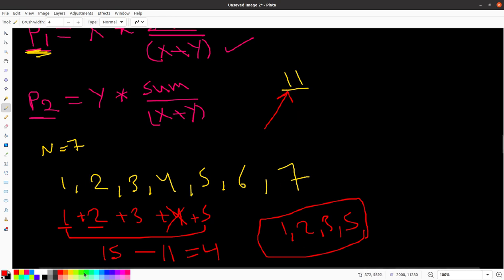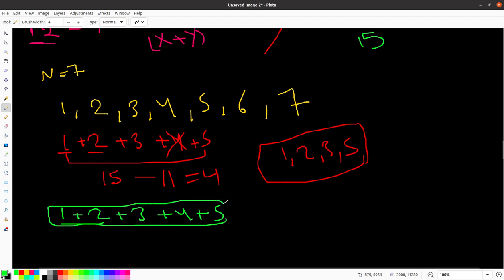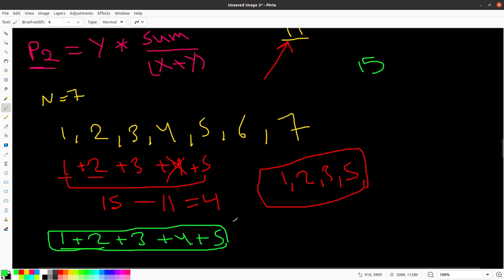Now assume that p1 equals 15. We'll do the same: the summation 1 plus 2 plus 3 plus 4 plus 5 equals 15, so we break the loop, and these numbers will be printed as an answer.